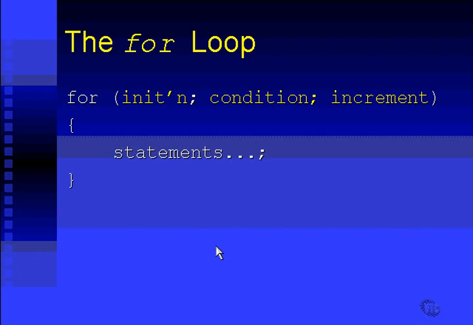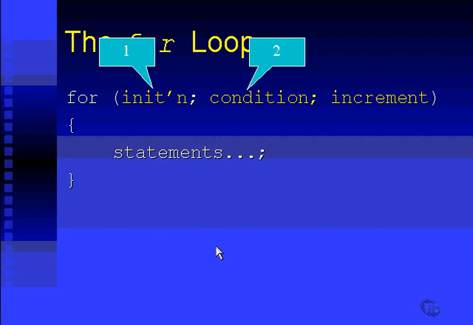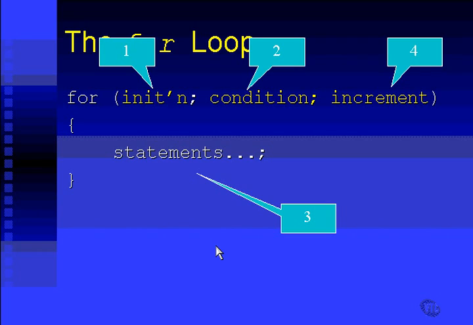So I'll summarize that, and I'll add some numbers to this slide here. The very first thing that happens, the initialization happens. That's number one. The next thing that happens is the condition is checked. The next thing that happens is the statements are executed. Well, they're only executed if the condition is true. And immediately after the statements are executed, the increment is done.